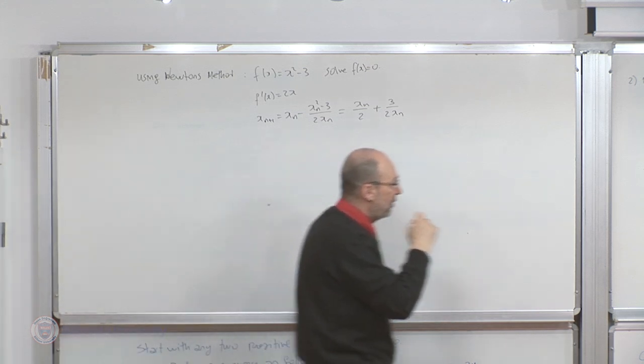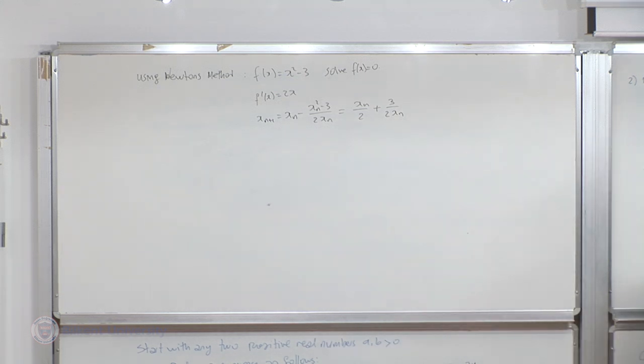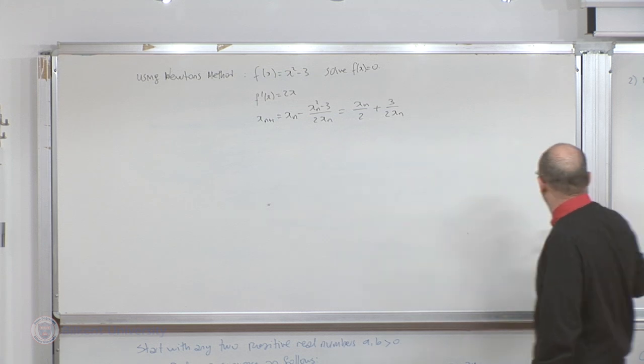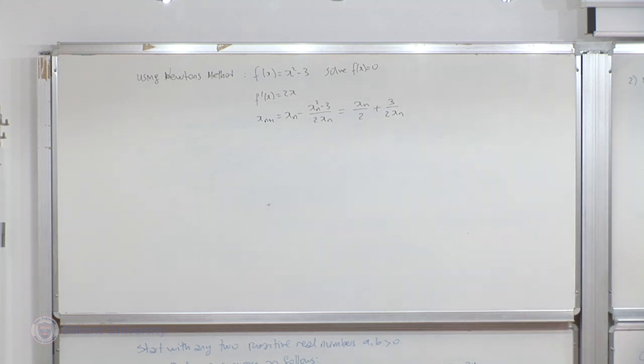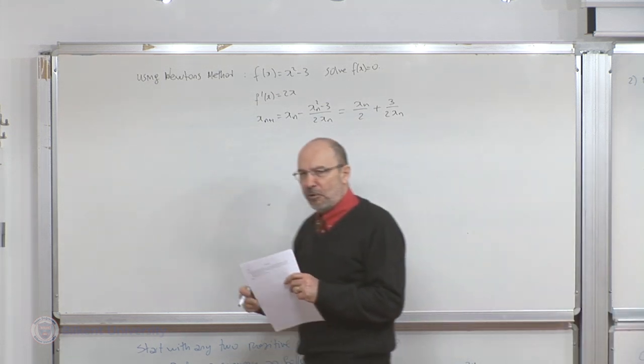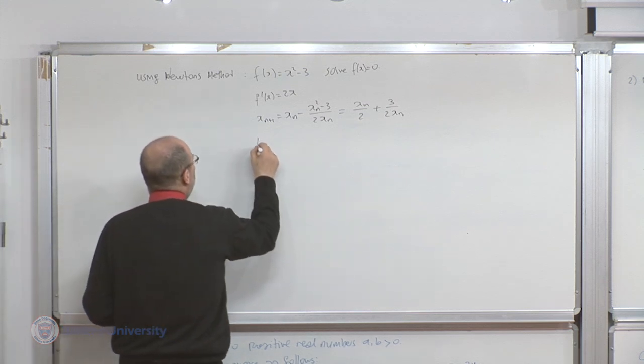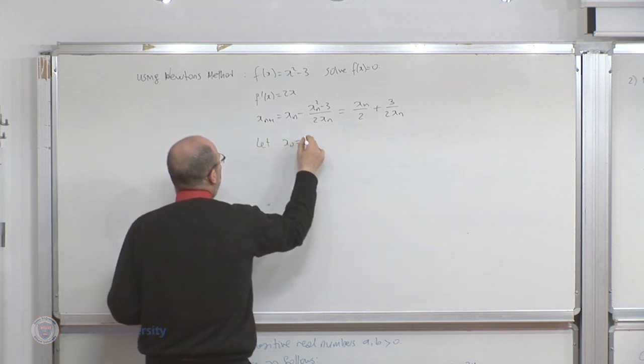So you start with something here, x sub 0. Now, when we draw the shape of this, we know that the shape is like this. So no matter where I start from here, the tangent line will get me closer to here. So I don't try to be precise. I start with 5. My first approximation to square root 3 is 5. Let x sub 0 be 5.